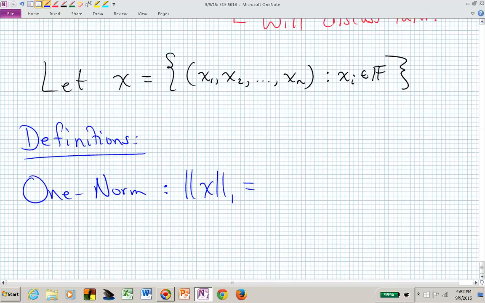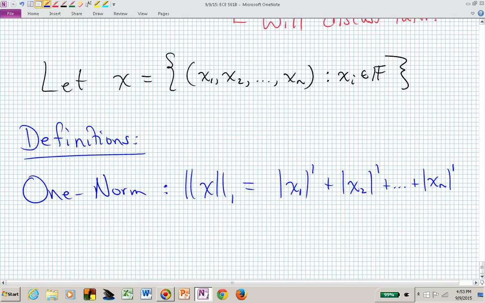So we're looking at each of these coordinates in our vector x. We actually want to take the magnitude of those because x we can allow to be complex. So now we take the magnitude of the first coordinate, we raise it to the first power. We take the magnitude of the second coordinate and raise it to the first power. I'm just doing this because that's the generalizable strategy that we're going to be using. And then we continue that.